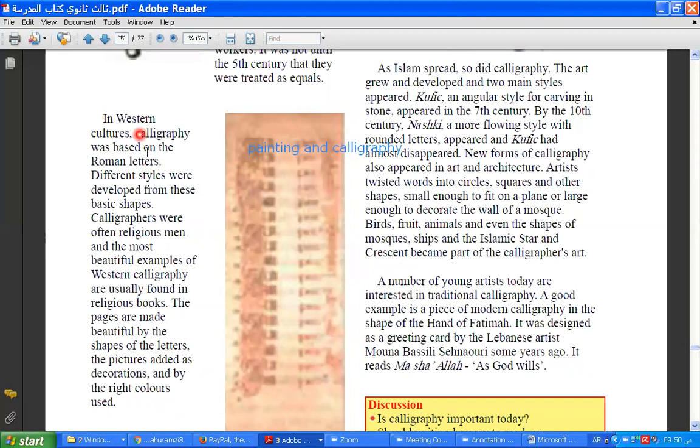In Western cultures, calligraphy was based on Roman letters. Different styles were developed from these basic shapes.